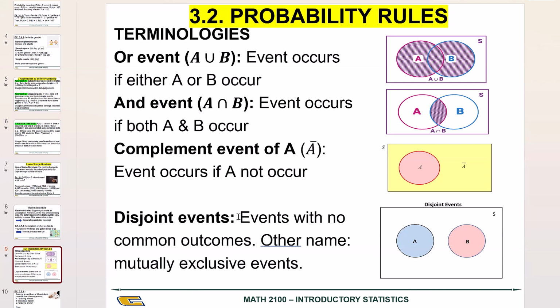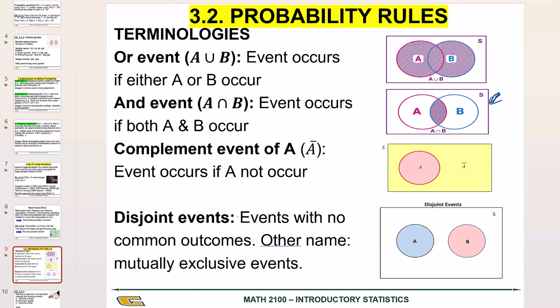You can see it in the second figure from the top, where the shaded area is the common part of A and B. Then there is the complement, the A bar here, which is just the opposite of A. Here the sample space is S, the rectangle, the whole region.